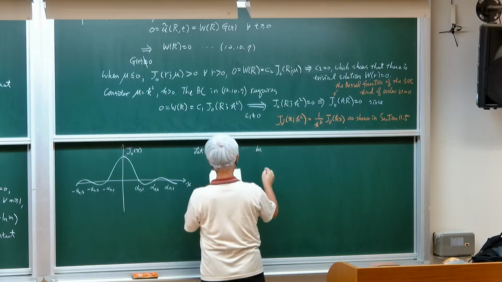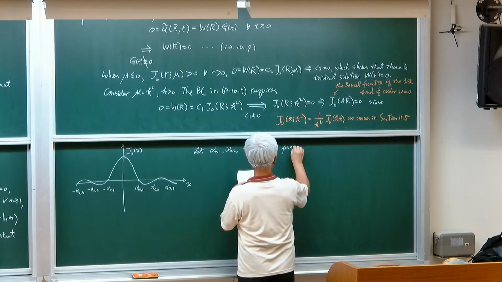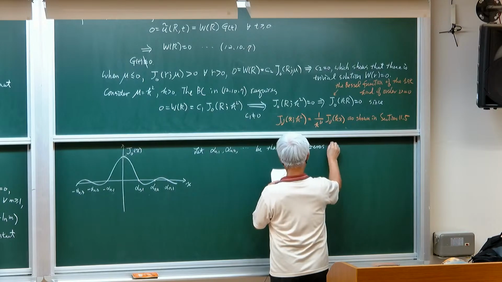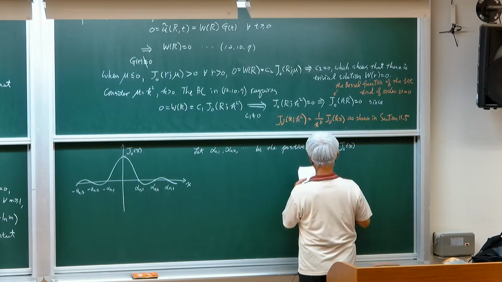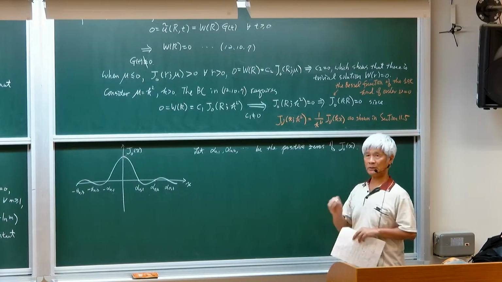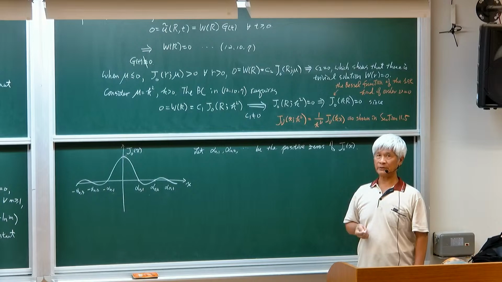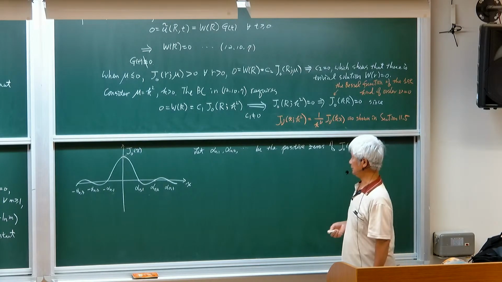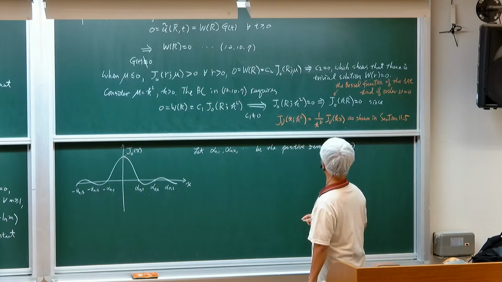Alright, so we let alpha_01, alpha_02, etc. be the positive zeros of J0(x). We know we have infinitely many zeros for the Bessel function of the first kind of order 0.